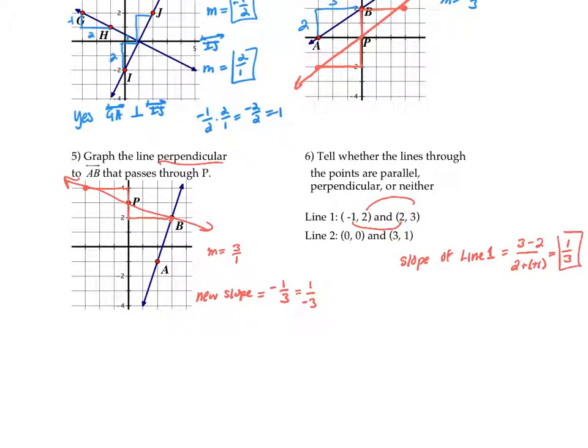So the slope of line 1 is 1/3. For line 2, we take 1 minus 0 and divide it by 3 minus 0. We get 1/3. So the lines are parallel, because they have the same slope.